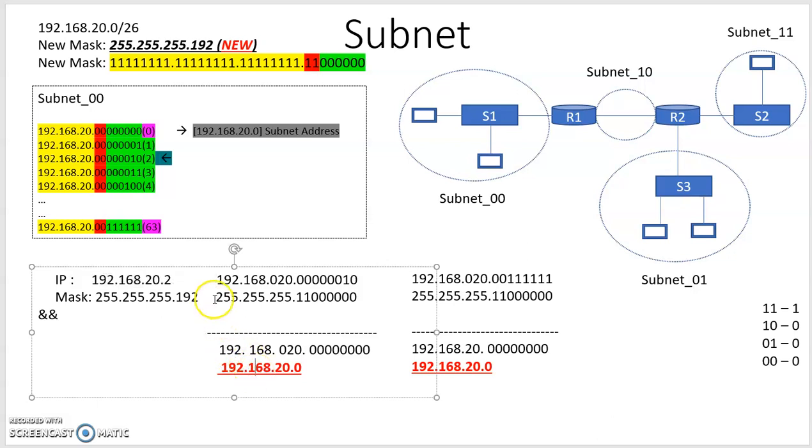Why? Because the binary AND operation of the IP address with the subnet mask yields the same subnet number, or subnet address, or network number. That's how we know that a particular IP address belongs to a particular subnet or network.